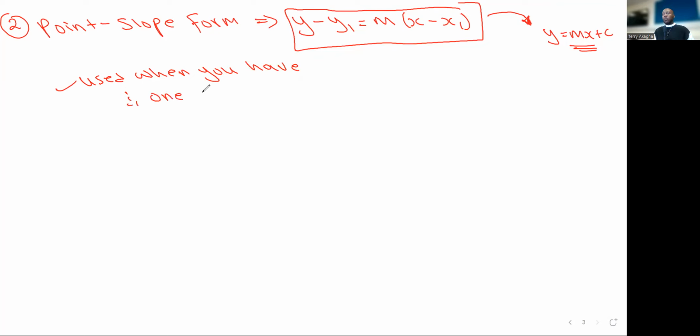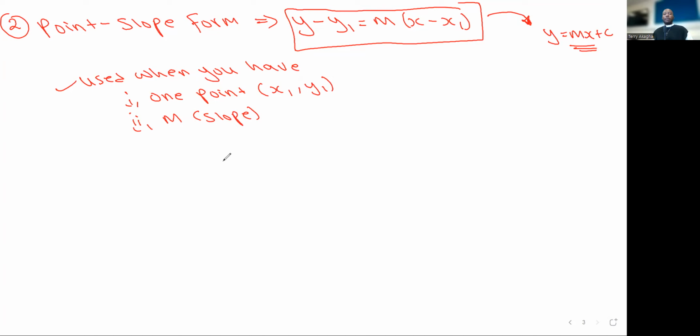So they only gave you 1 point, that is, they only gave you x1 and y1, and they also gave you the slope, or gradient. So when you have the 1 point and you have the slope, then you use this one.